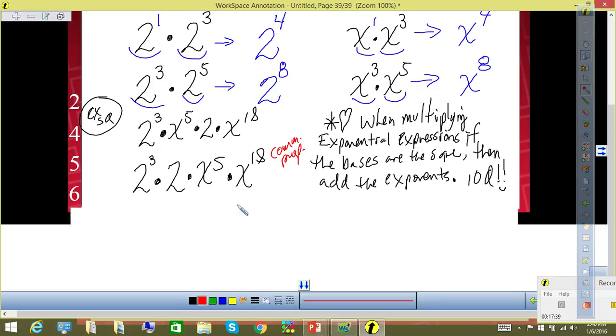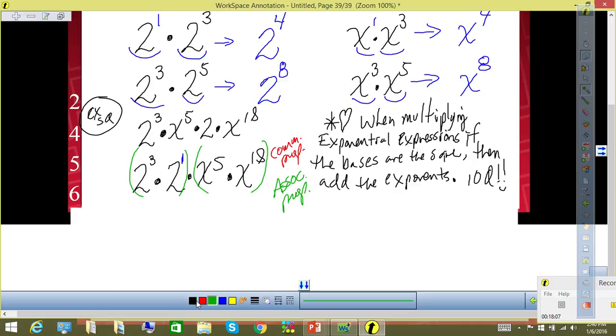Now that we have them like this, don't forget to put the little exponent of 1 on this 2. And now I'm going to group them. Watch. These 2 together and these 2 together. What is it called when I group them like this? Everyone. Associative property. That's why we are able to do that.